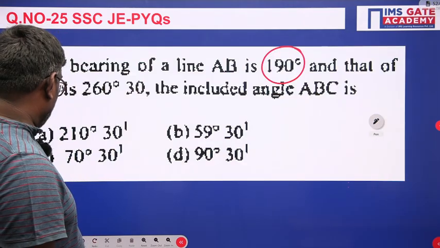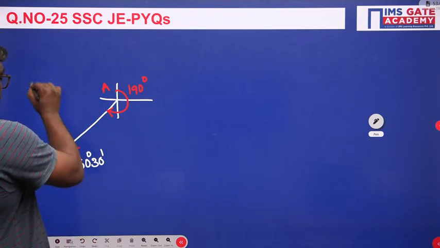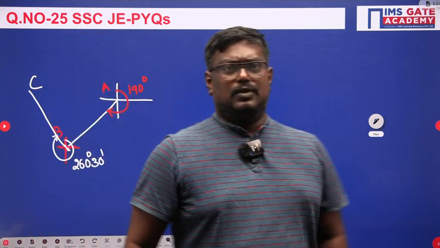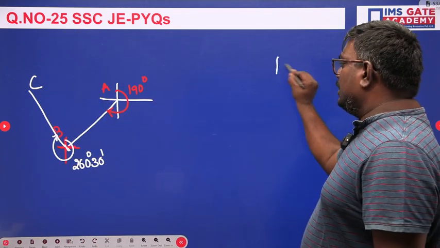Now see students, what is being asked? What is the included angle ABC? Have you understood the question, students? See here, I am drawing the diagram again.